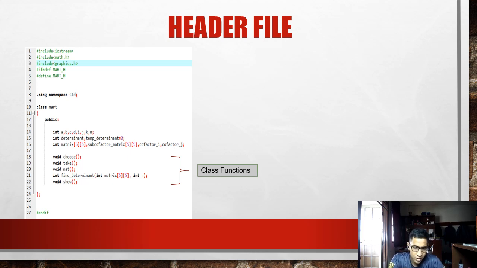And then void show. We need to end the class with a semicolon at the end, and the last line I put #endif so that the compiler is not confused.